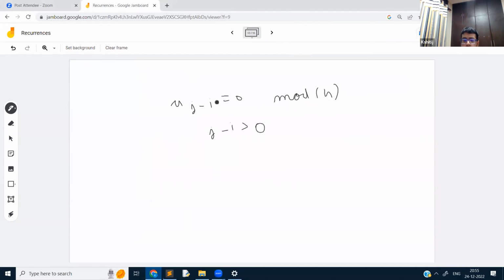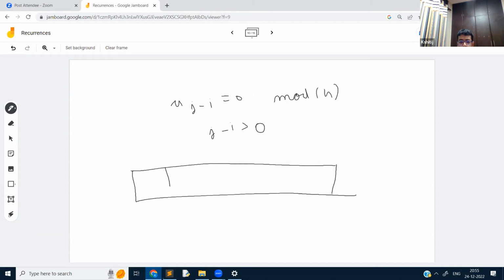Okay, so now I'll explain the solution. So suppose there are 2 into n minus 1 squares. Let this be the center square.